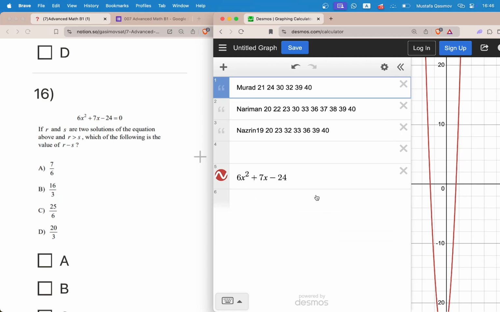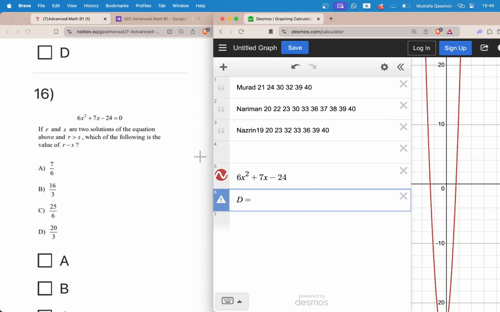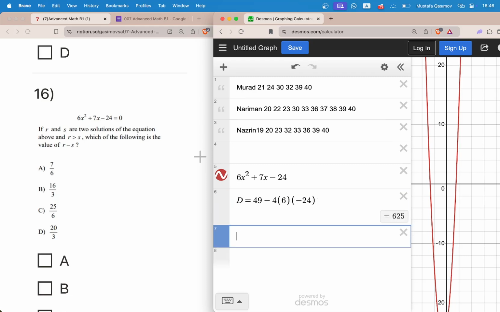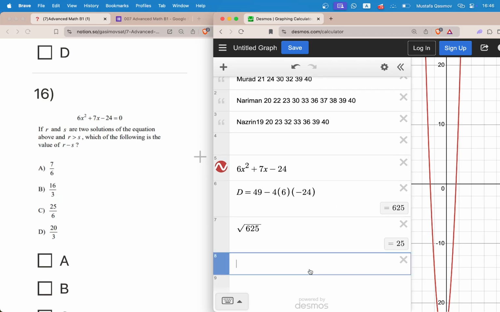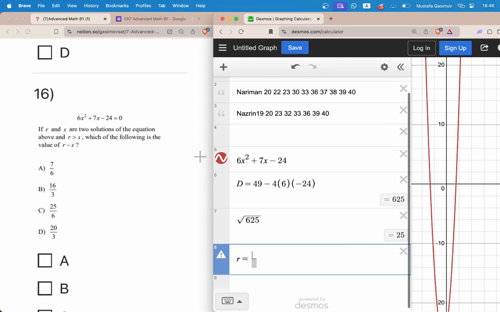Also, you can use the discriminant method. It's also okay. You can find the discriminant using b squared minus 4ac. B squared is 49 minus 4 multiplied by 6 multiplied by negative 24. Then the square root of 625 is equal to 25. Then you have to do it like that. R is equal to negative b, negative 7 plus 25 over 2a.